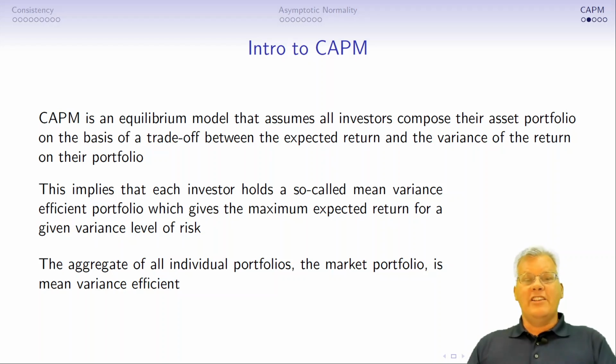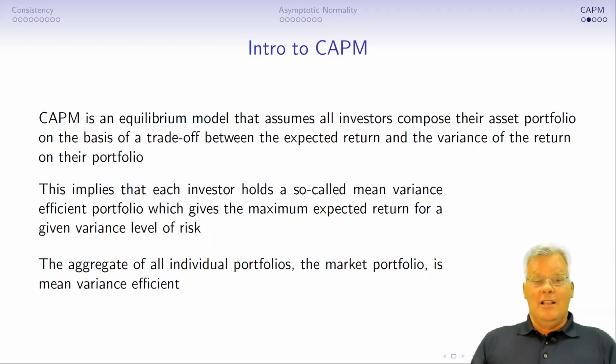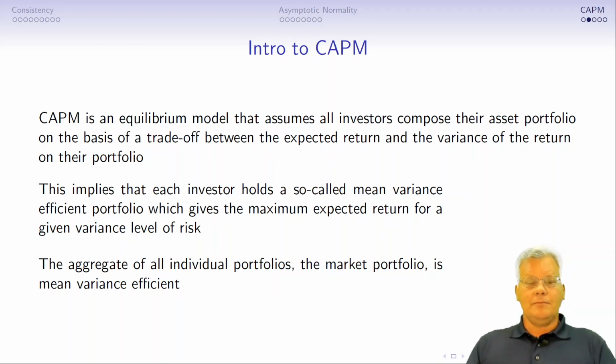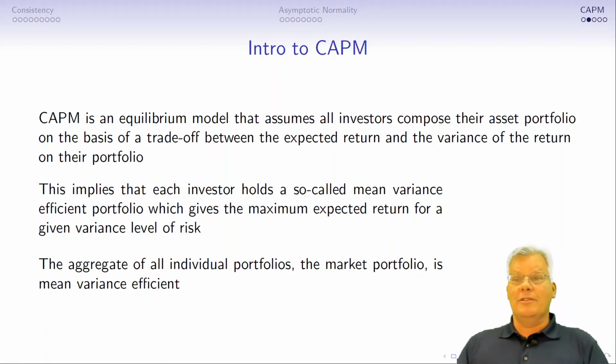So what investors are doing is they're trading off a good, the higher rate of return, against the bad, which is uncertainty in what sort of rate of return they're going to earn. So this implies that each investor holds a so-called mean variance efficient portfolio, which gives the maximum expected return for a given variance level of risk. The aggregate of all individual portfolios, the market portfolio, is mean variance efficient.